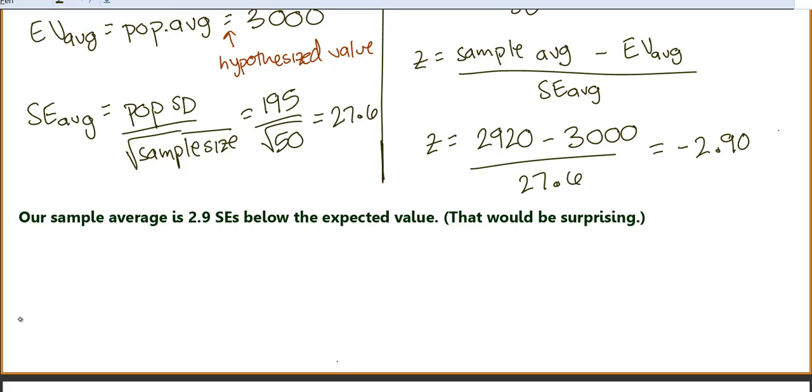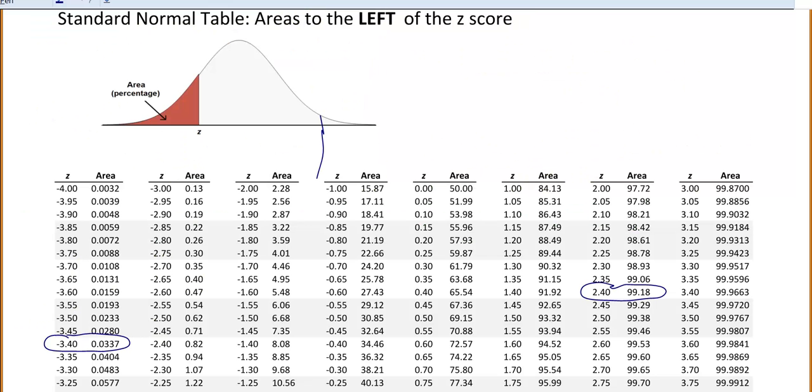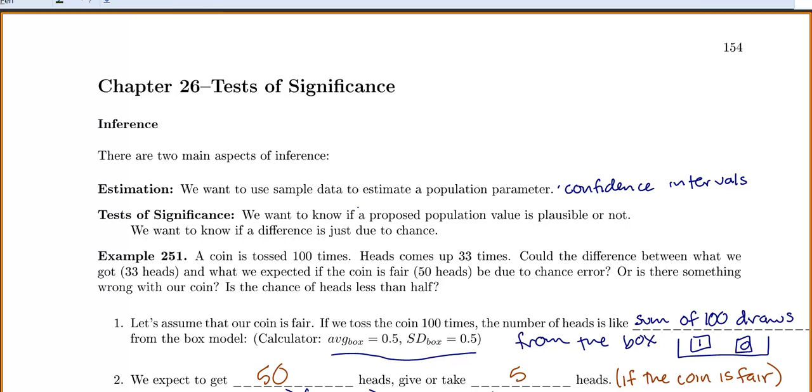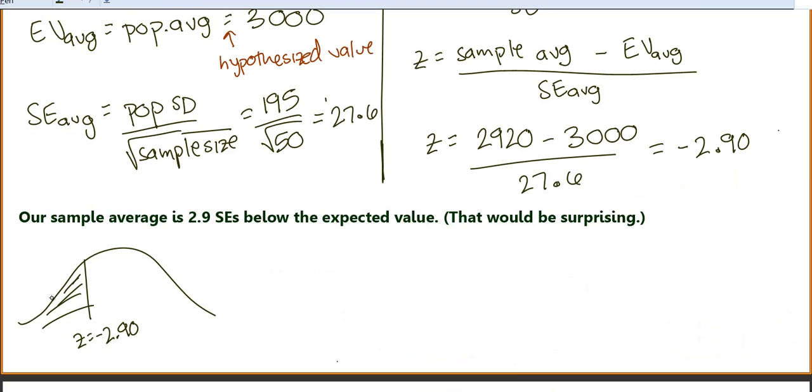I can go and find the p-value. So here's z equals negative 2.90, and I'm looking for all the area to the left. So let's go to our normal table, look up negative 2.90, and that area is 0.19. Why did I do the area to the left?